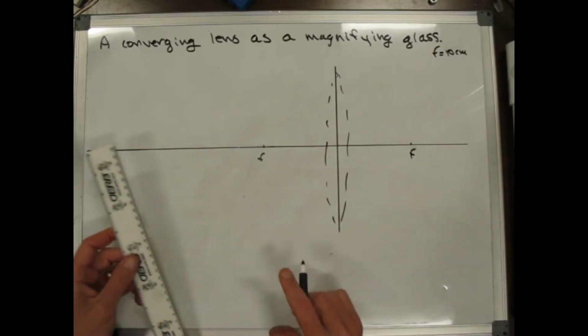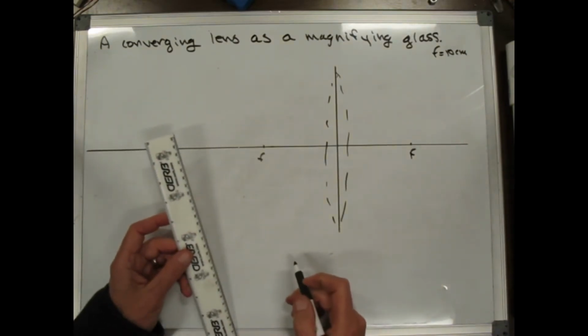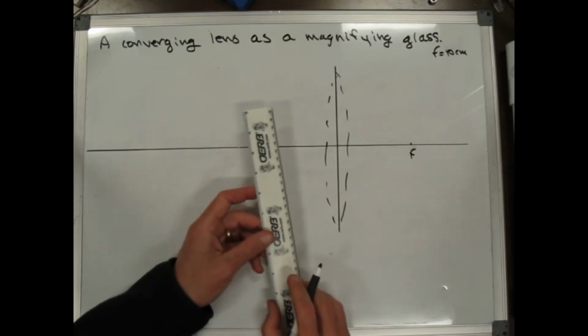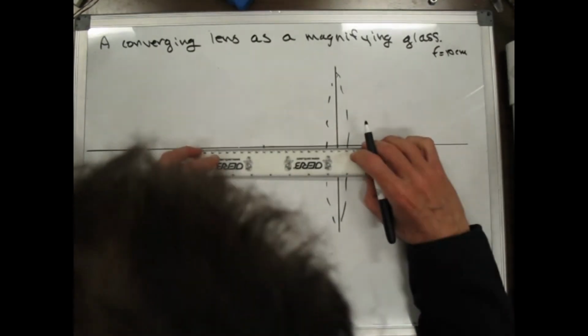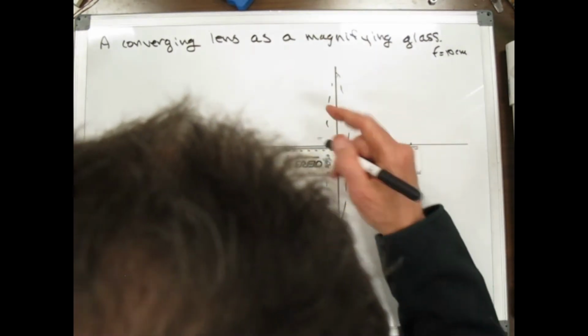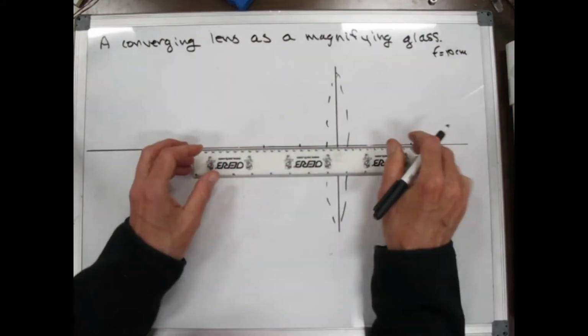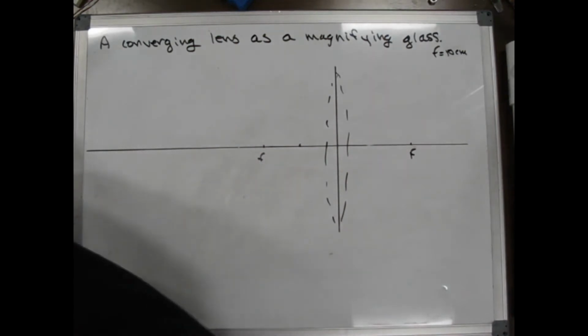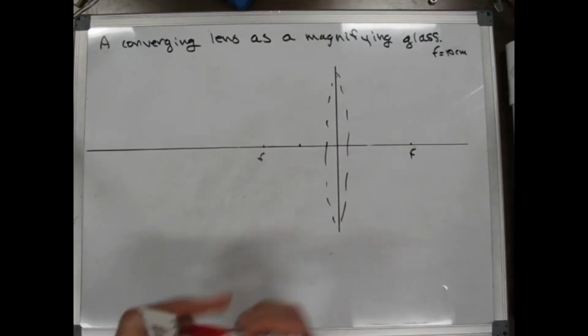And so let's put the object at 6 centimeters. How about that? Or something a little even easier. How about let's put an object at 5 centimeters. So if I get halfway between these 2 points, it would be right there. And I'll put a 5 centimeter tall object at that point. And so let me just see if I can do that. Right. So here's my object.